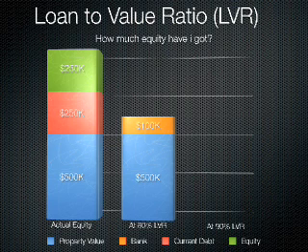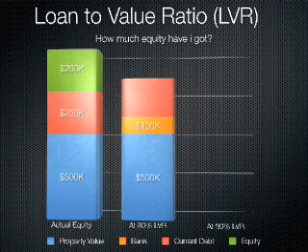If we take 20% of $500,000, that's $100,000. You can't touch that. We're going to hang on to that just in case something goes wrong. We can't afford to sell your property a bit cheaper and get our money back. Then we take off our debt, so we owe $250,000, which means the bank would give us about $150,000 to spend. There's a big difference there, isn't there? There's a difference of $100,000 between your actual equity and the equity the bank will give you.